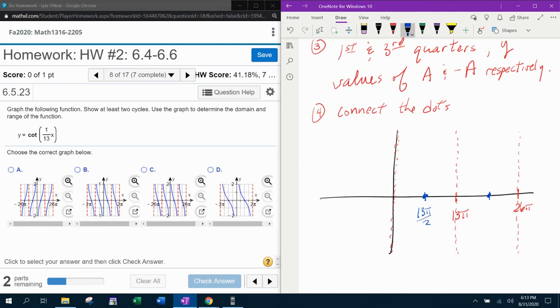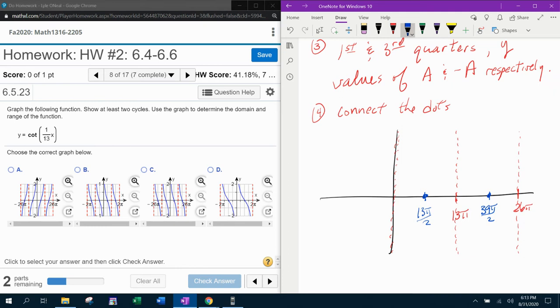And then 13 and 13 is 26 over 2 is 13, and then another 13 would be 39, 39 pi over 2. And then another 13 would be 52 over 2, which divides to make 26. Okay, so I feel pretty good about that then, okay?